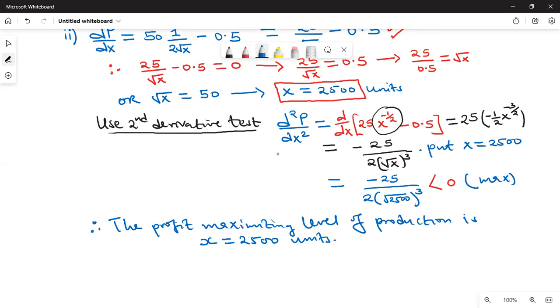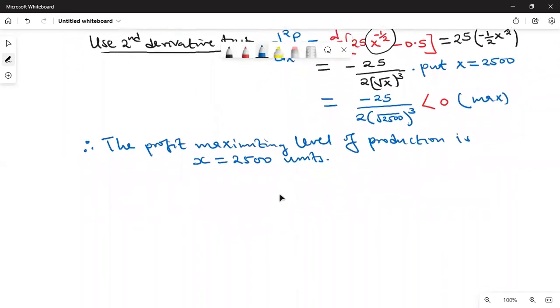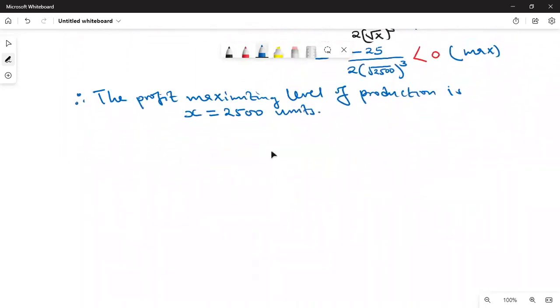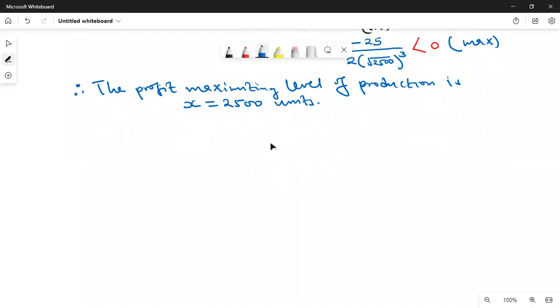When you produce 2500 units for this particular company or manufacturer, then for you to maximize the profit, you have to produce those 2500 units.